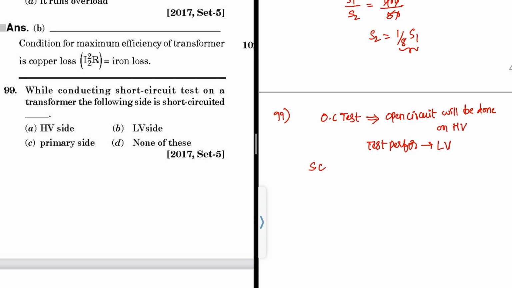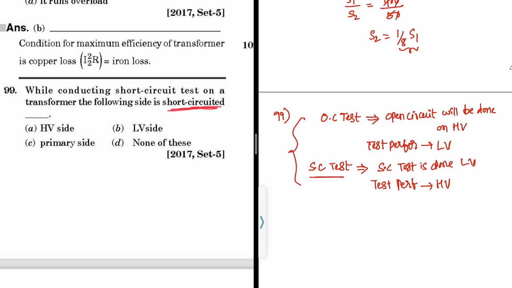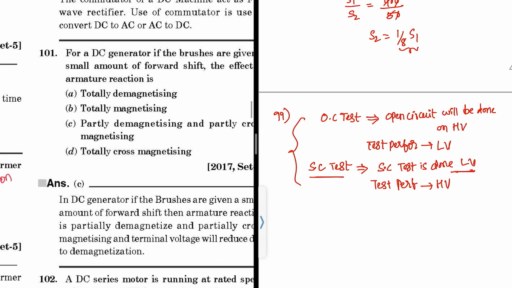In the short circuit test, the short circuit is done on the LV side and the test is performed on the HV side. Remember these points, because they will ask about them. In this question they asked where we have done the short circuit. As I said, the short circuit is done on the LV side. The answer will be P.